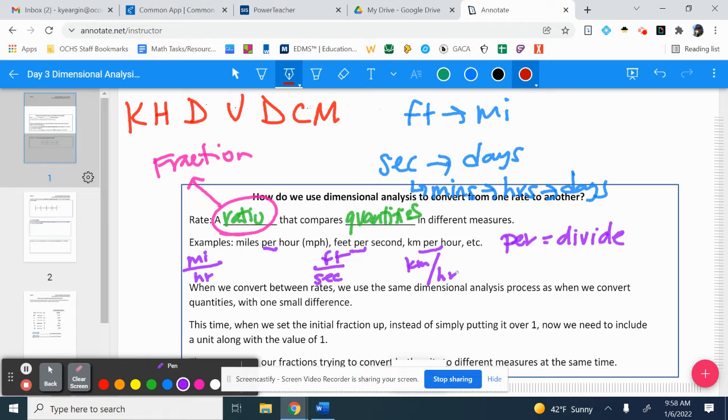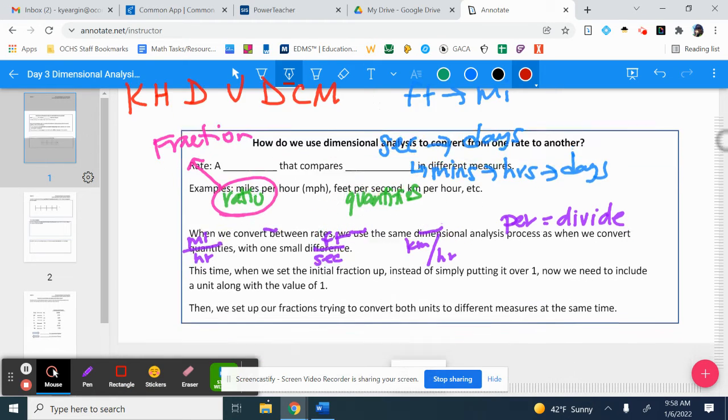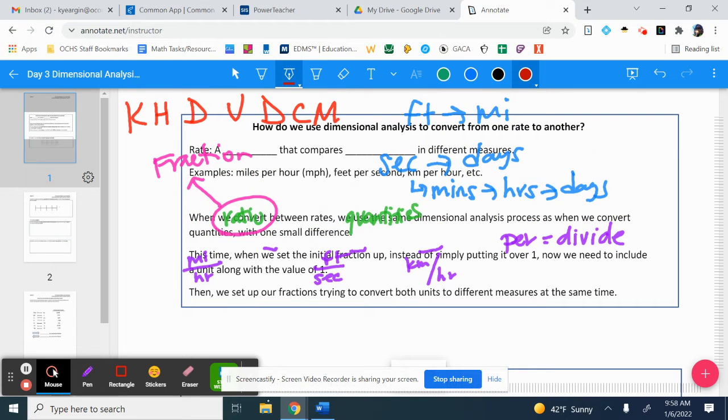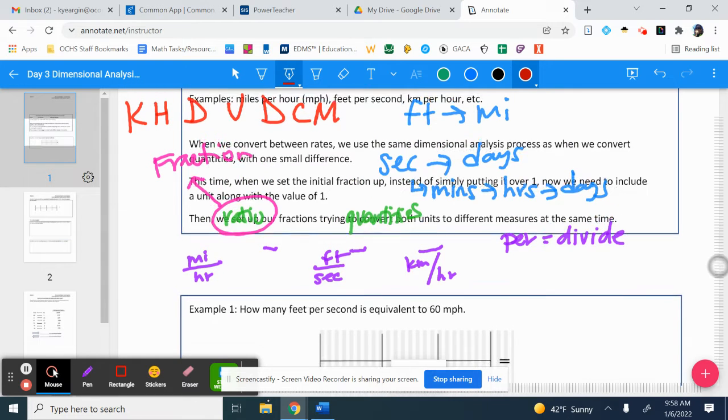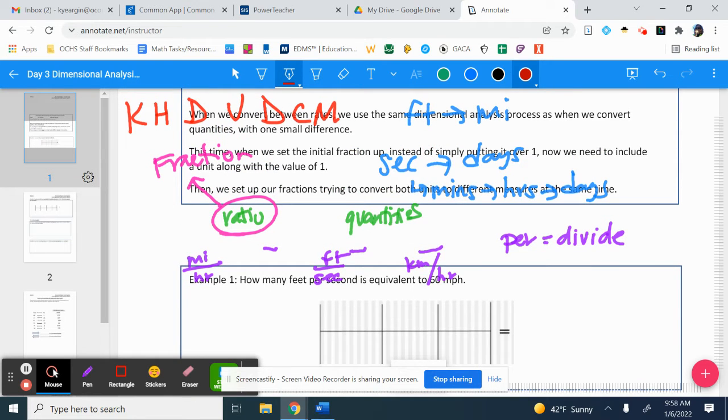So as we go through here, we've been using 1 as our denominator as a placeholder for the beginning of every problem. Now we're going to have to change that up. We're still going to be using 1, but it's going to be 1 in a certain unit that we need to look at as well.